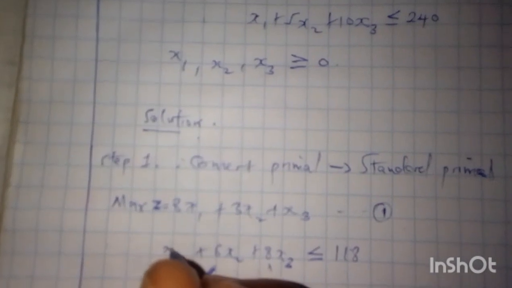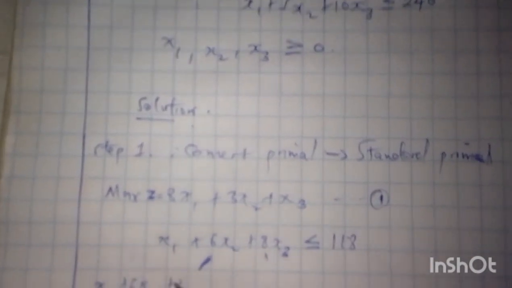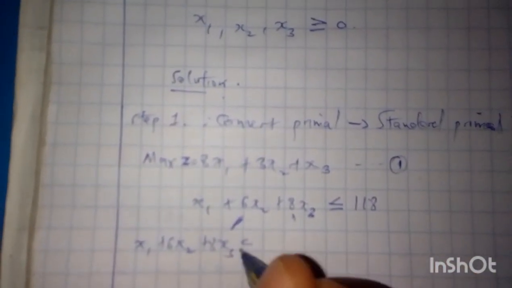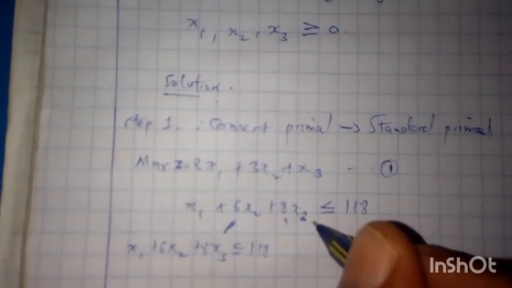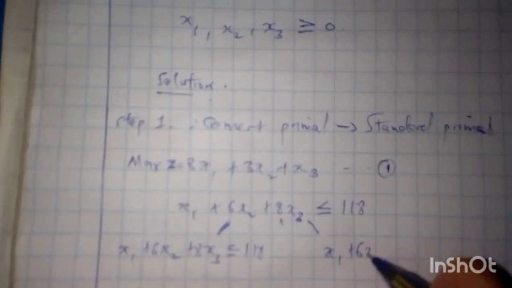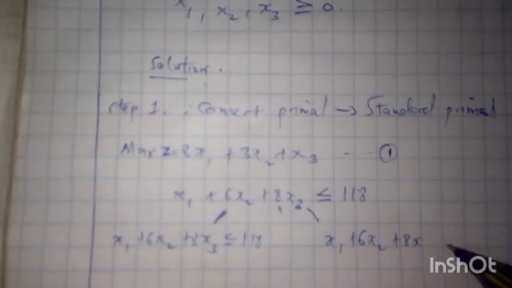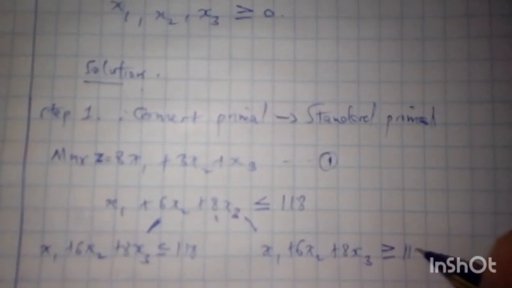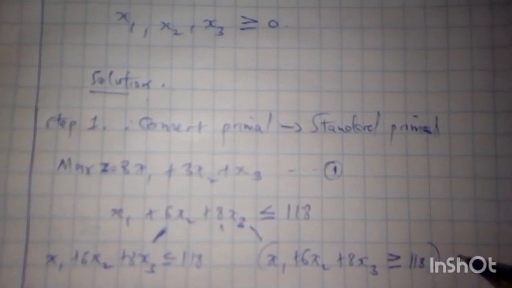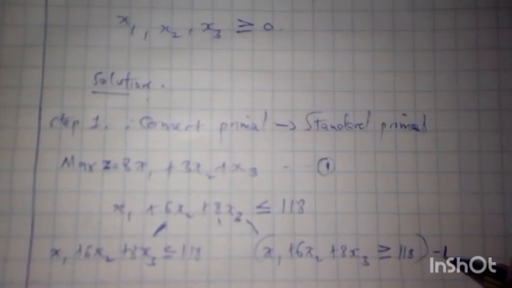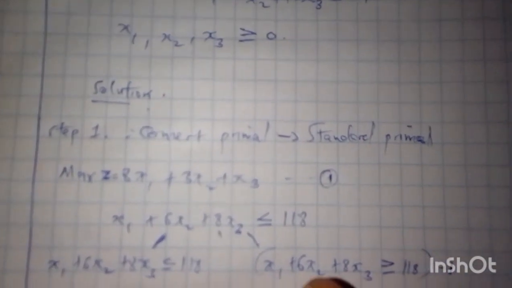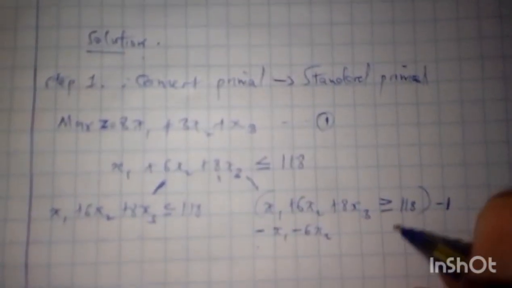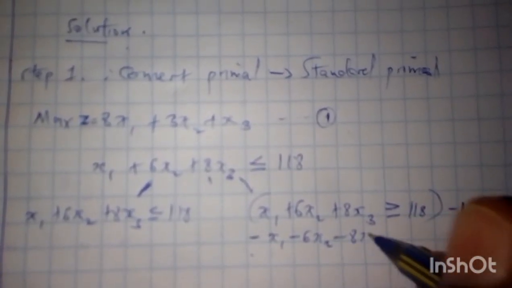Say here, just copy, to give rise to x1 plus 6x2 plus 8x3 is less than or equals to 118, and it will also give rise to x1 plus 6x2 plus 8x3 greater than or equals to 118, but we multiply the whole of this by negative 1, which will give us negative x1 minus 6x2 minus 8x3.